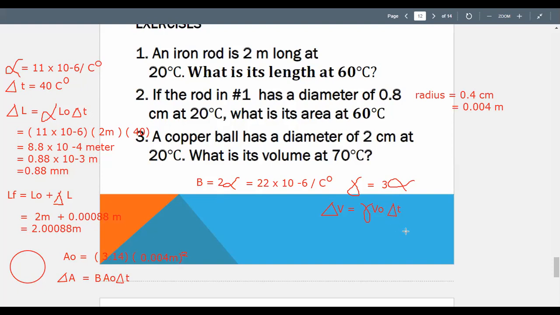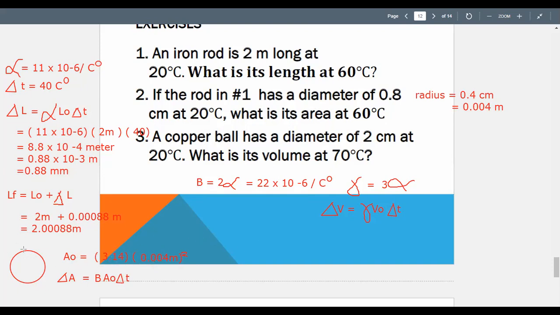So any question from you? For number 3, you can now find it. What is the volume of a sphere? The copper ball is a sphere, so what is its original volume? You'll need there the 4/3 pi r cube formula. The area of a circle is pi r square.